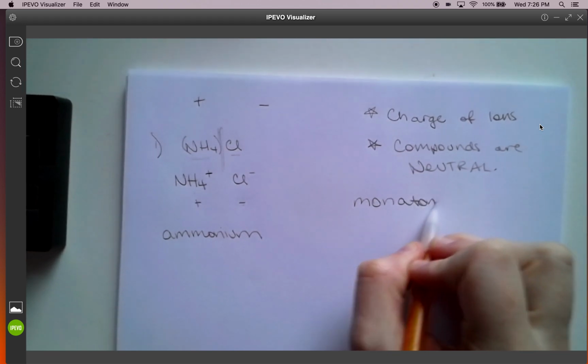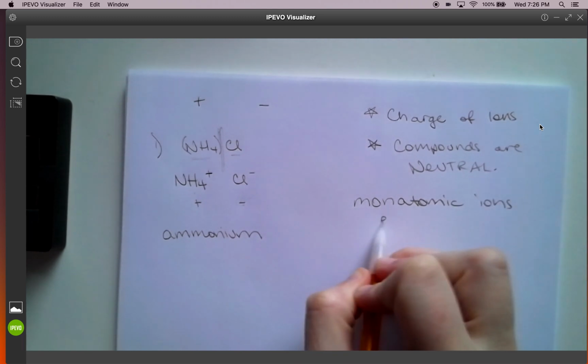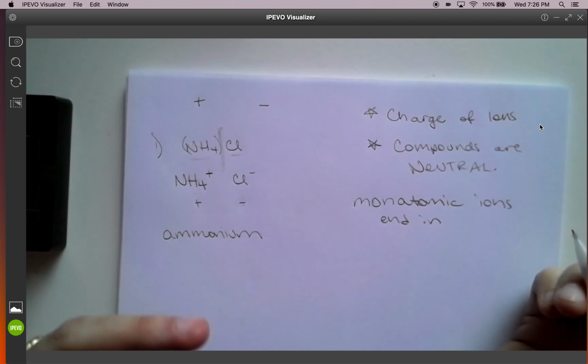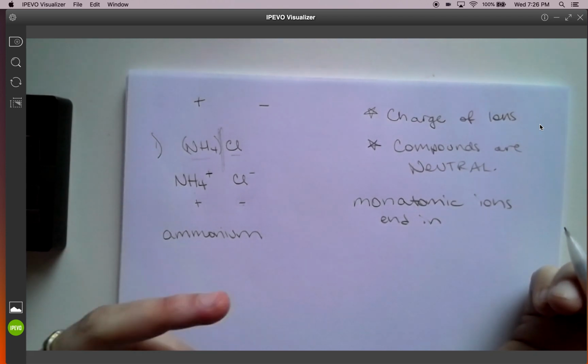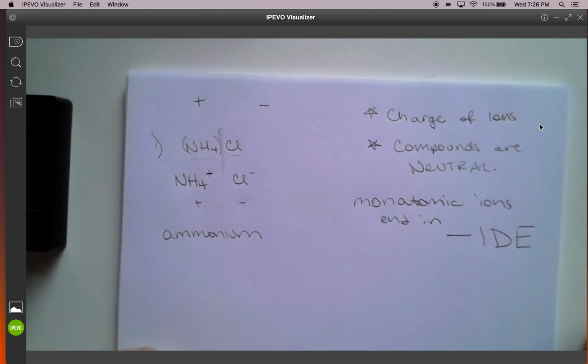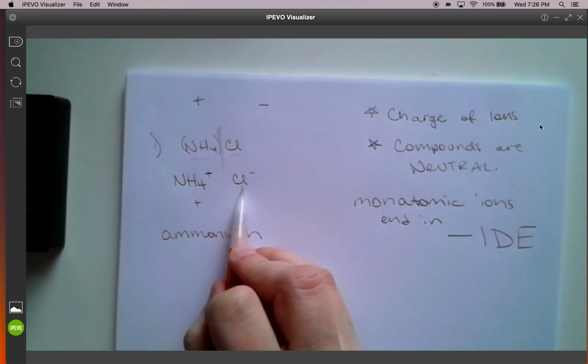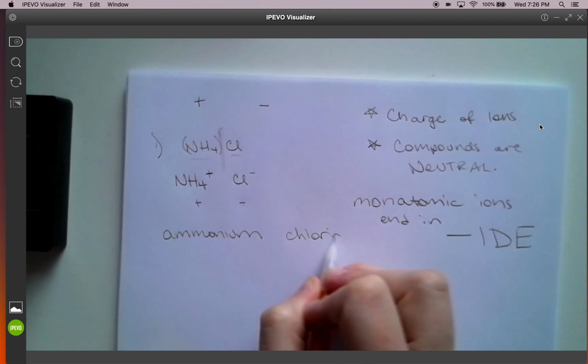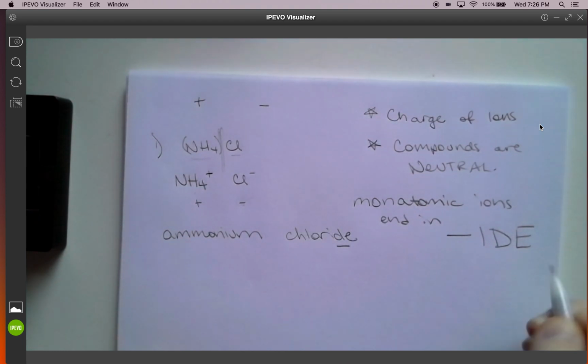Monatomic ions end in, this was last quarter, when I forget, I think about sodium chloride, which is table salt. Monatomic ions always end in "ide." Okay, so we've got a single chlorine here that is in its ion form. That's a chloride. That just shows you that there's a single atom ion, a monatomic ion, instead of a polyatomic ion. All right, that's your ammonium chloride.